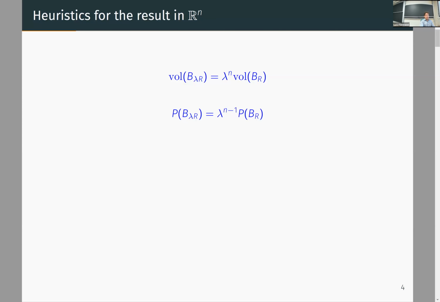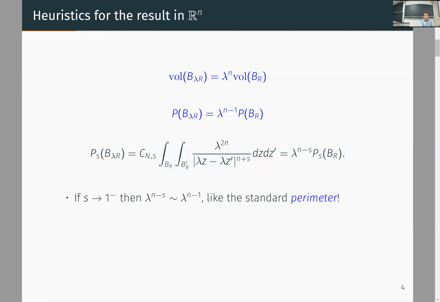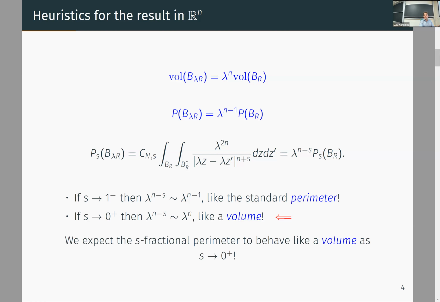For the fractional perimeter, you have a similar scaling, but to a different power, and the power is n minus s. So at least formally, when s is going to 1, lambda to the power n minus s behaves like the perimeter, like lambda to the n minus 1. While when s goes to 0, which is the case we are going to discuss, it behaves like a volume. So the heuristic for the result is, if you want to perform some asymptotics, you should expect that the perimeter behaves like a volume in the limit.